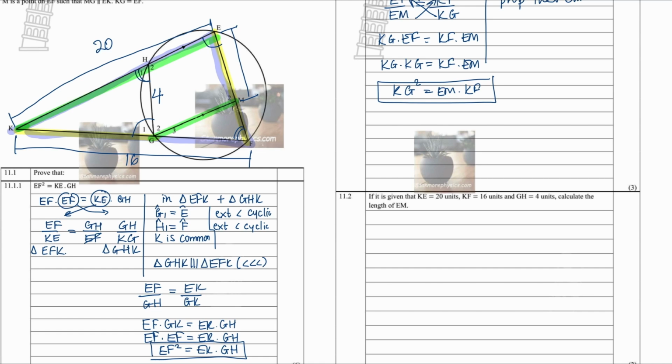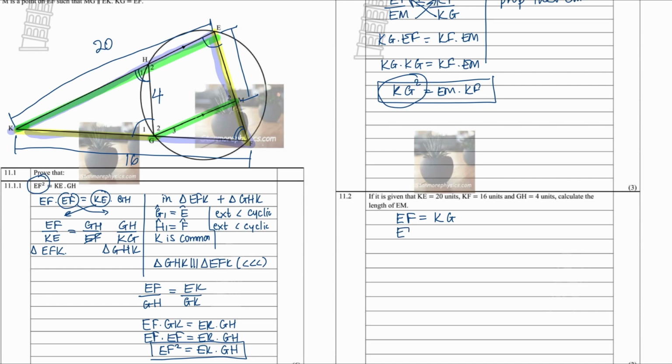Now, we've already figured out that, or they've already told us that EF is equal to KG, right? So if EF is equal to KG, what we can then do is, since we have expressions for EF squared and KG squared, let's square both sides and then replace it.